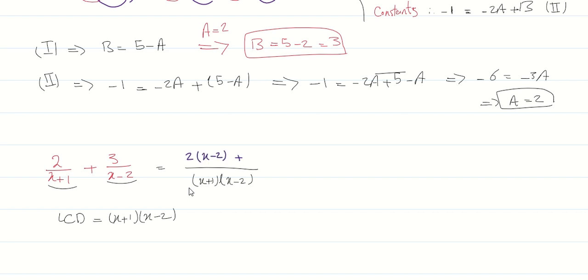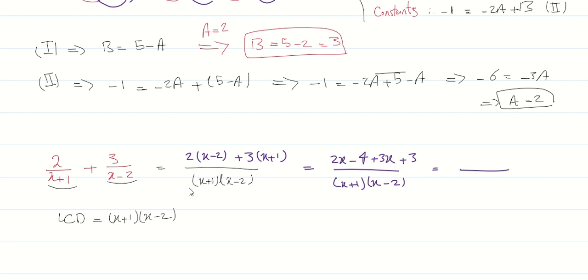And for the second fraction, it needs to be multiplied by x plus 1. Now we're just going to expand the brackets. So 2 times x, 2x, 2 times minus 2, minus 4, 3 times x plus 3x, 3 times 1 plus 3, and the denominator we have the x plus 1 times x minus 2.